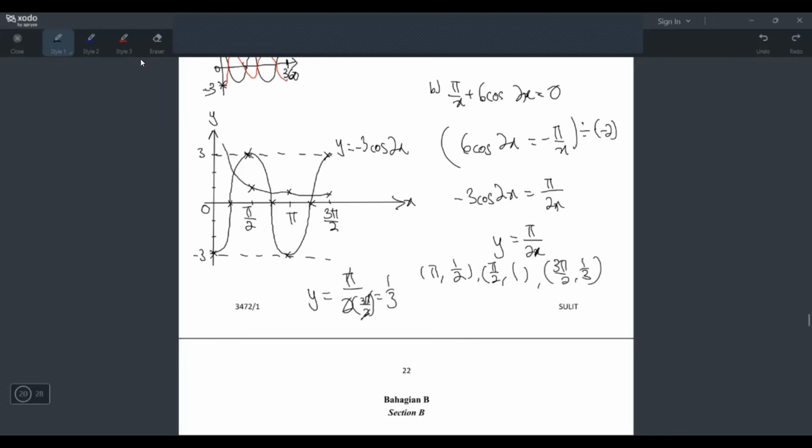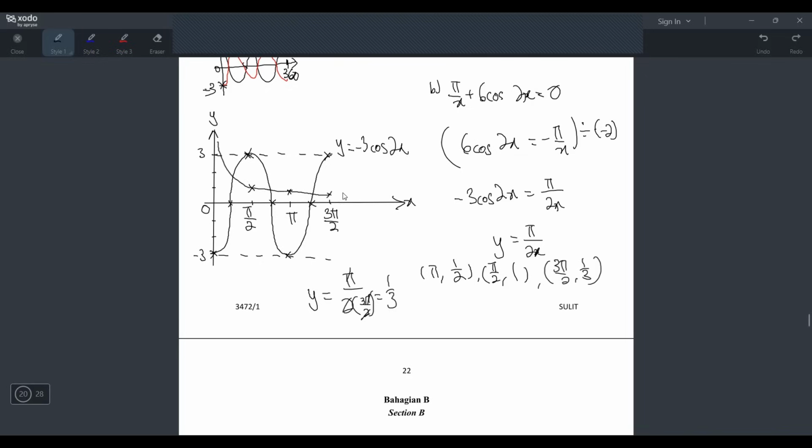Okay, something like this. Okay, wait, let me draw nicely. Okay, the first time I drew it was good already, but I don't know why I erased it. Okay, so it's like a curve. Okay, like that, can already.